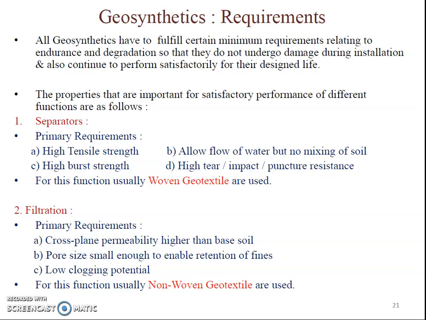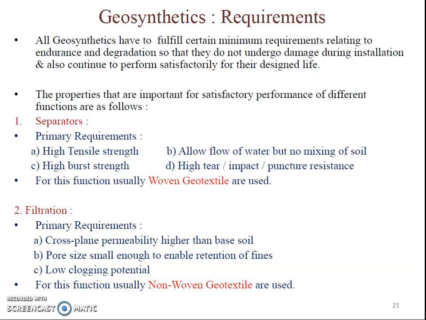The second part is that the performance of geosynthetics should be satisfactory at the end of their design life. So it is very important to study the requirements of these geosynthetics for different functions.